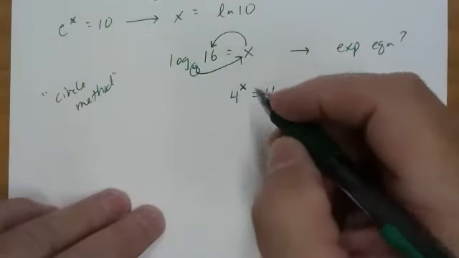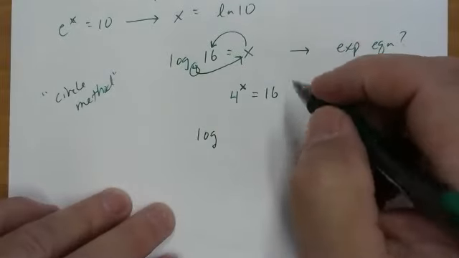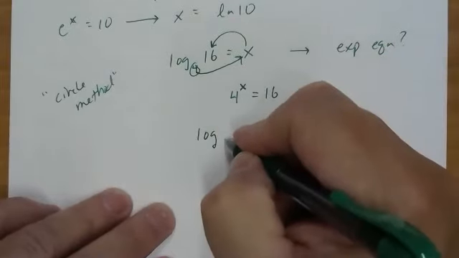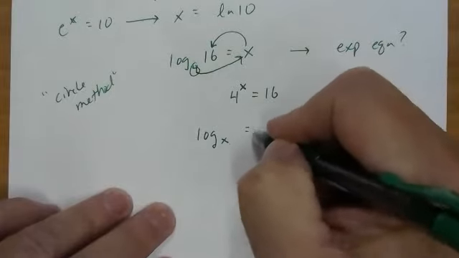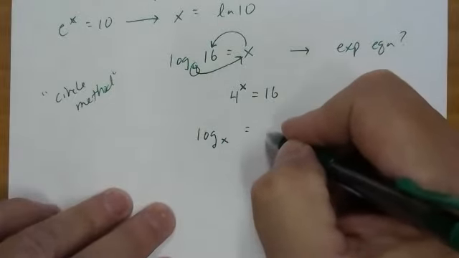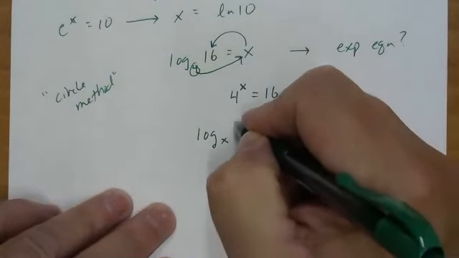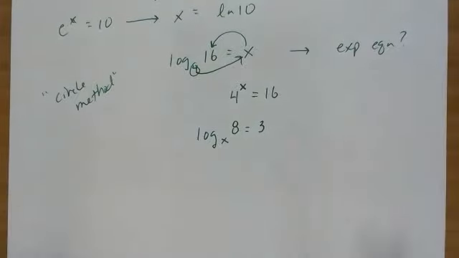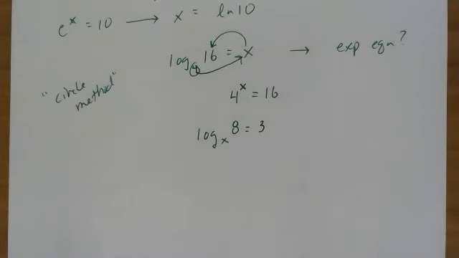So what if we have something like, how about, I'm making up this problem as I go. So we're given this log equation. It's interesting how my variable x is the base of my log.